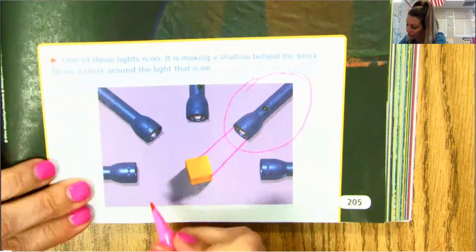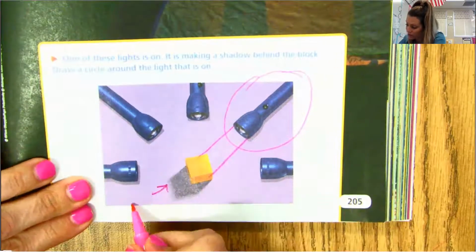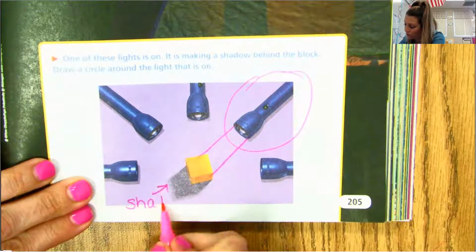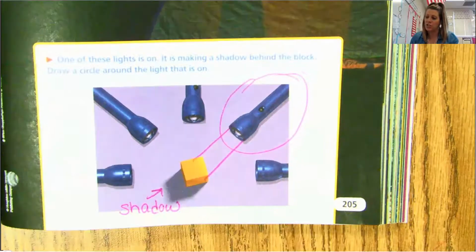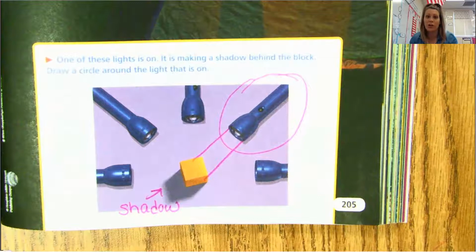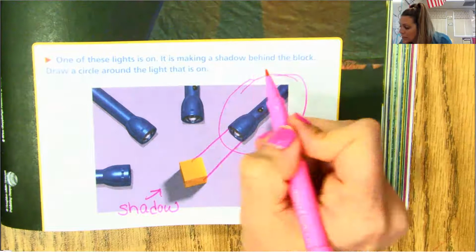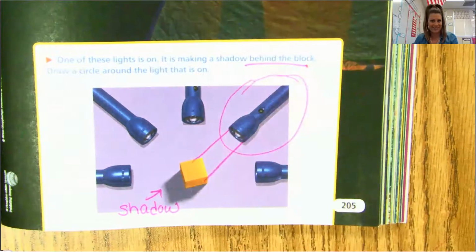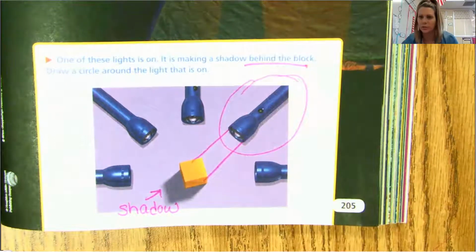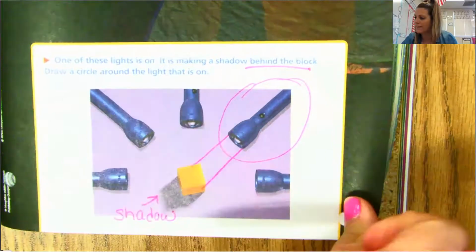So right here is its what? Shadow. Okay, and a shadow is the dark area behind the block. Did you get it right? I knew you would. You're so smart. All right, let's keep reading.